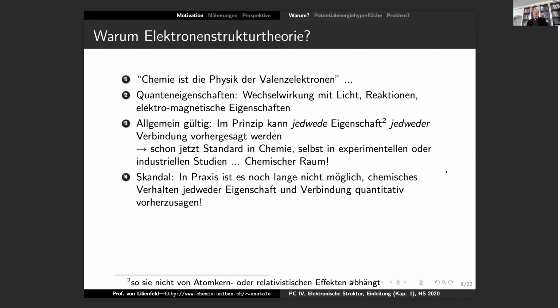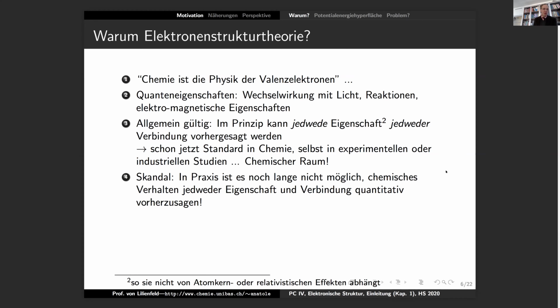Nevertheless, right now, it's not in general possible to predict chemical behavior in a quantitative fashion, right? So if you come along with a new solvent, a new reaction condition, a new catalyst, and you ask what's going to be the rate constant for, I don't know, my aromatic substitution, that's going to be a tough one, right?